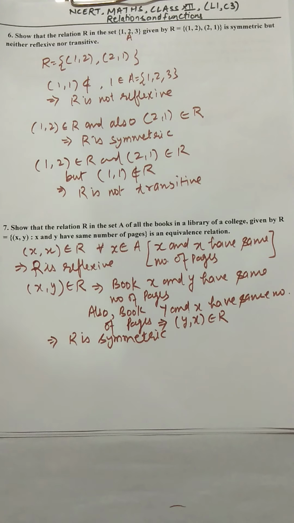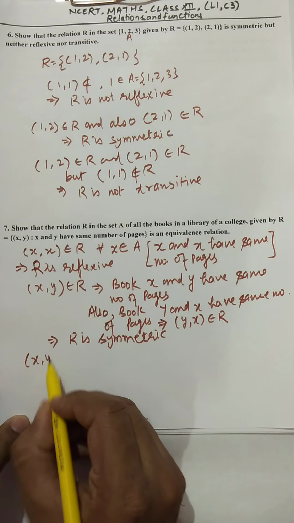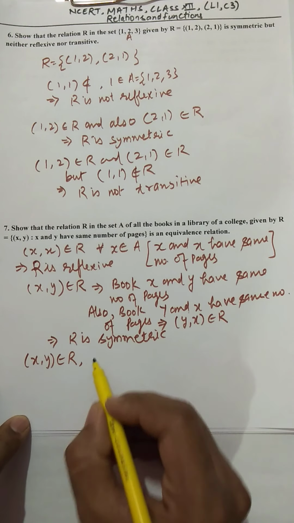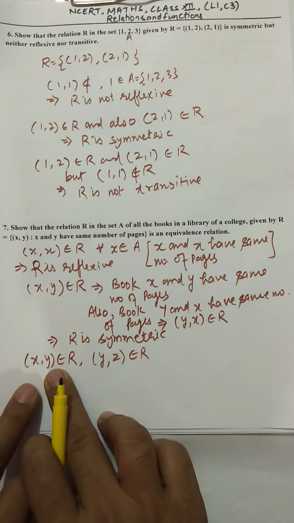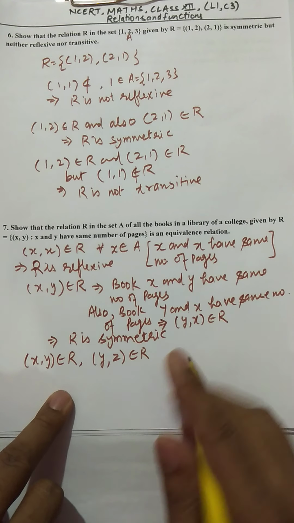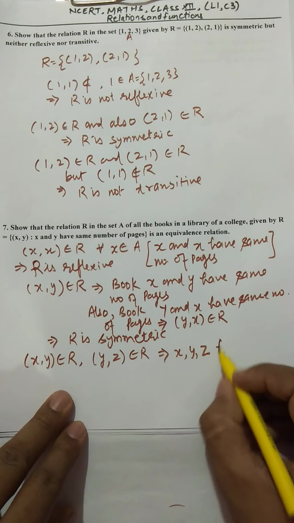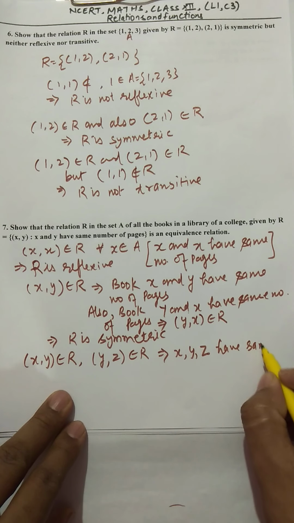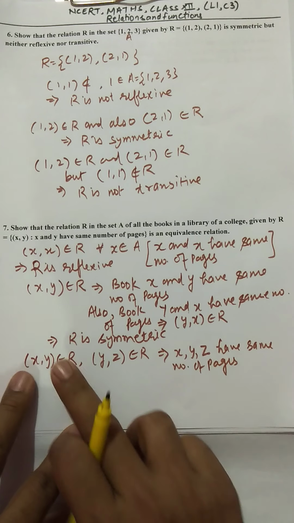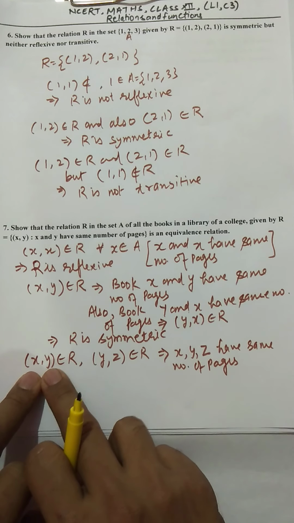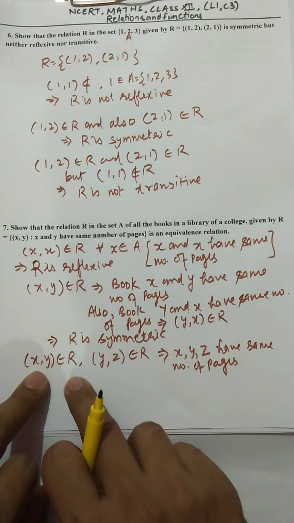Now next, the third one is we have to show this is transitive. So let's say (x, y) belongs to R and (y, z) belongs to R. It shows that x, y, z have the same number of pages, because (x, y) belongs to R means the number of pages in x and the number of pages in y are the same.